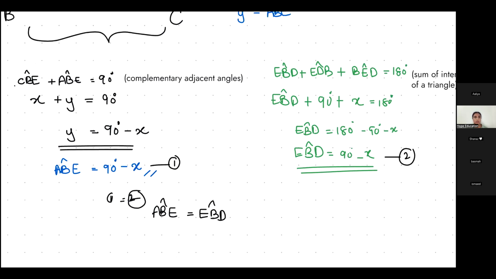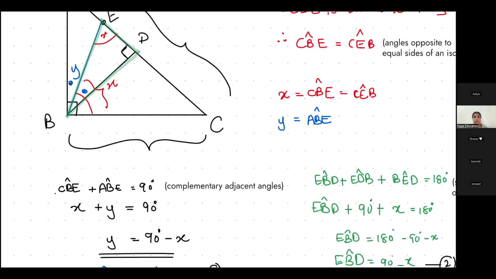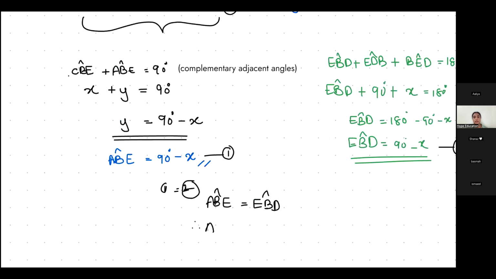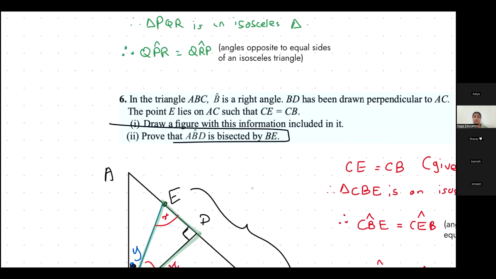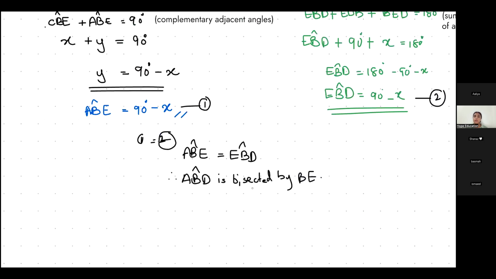ABE and EBD are equal in measure. From that, we can say, therefore, ABD is bisected by BE. That is what they are asking us to prove. Is that clear?